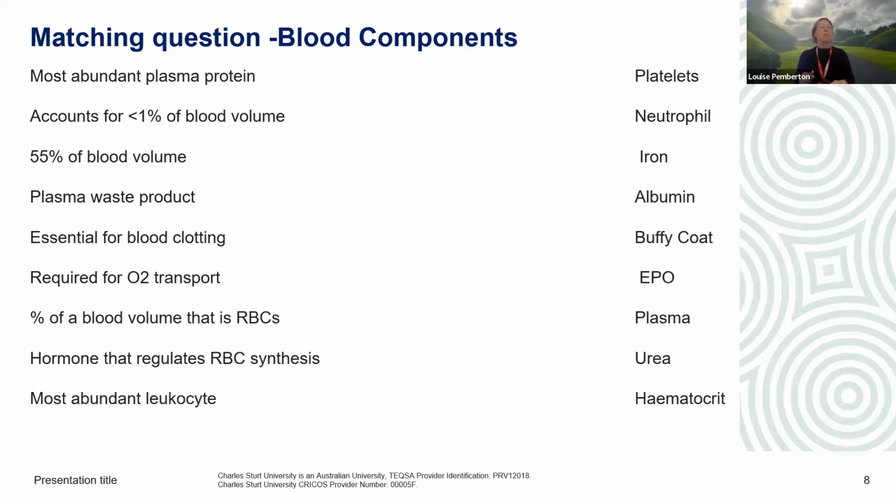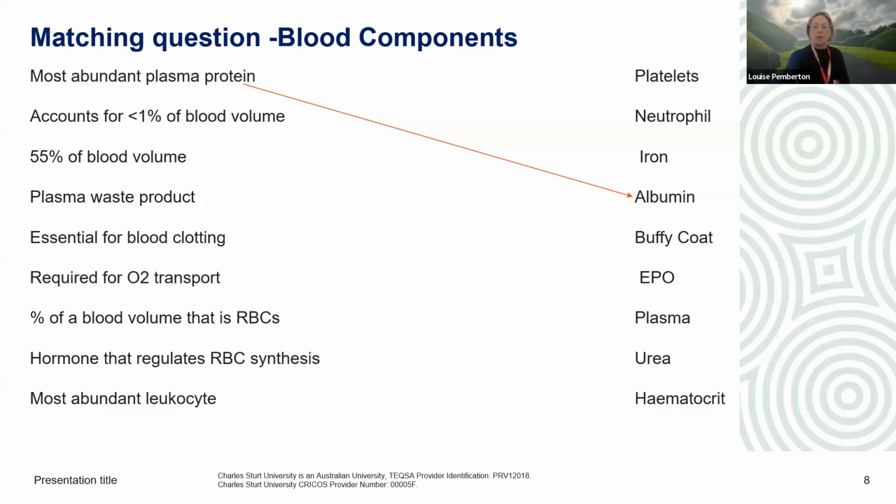Albumin is the most abundant, and it's responsible for generating that osmotic or oncotic pressure of the plasma. Accounts for less than 1% of blood volume.